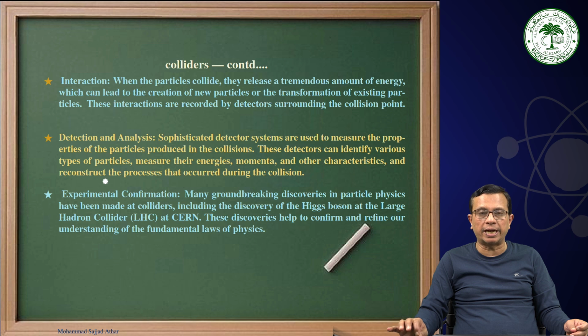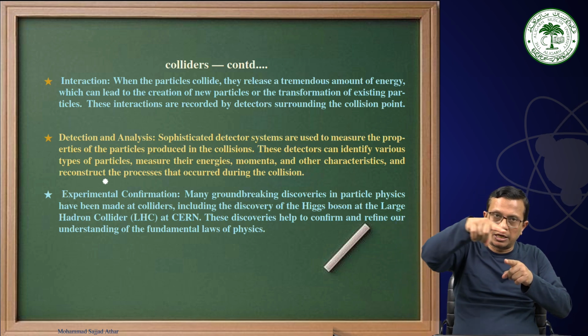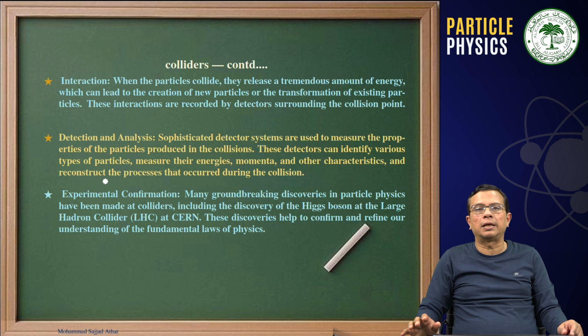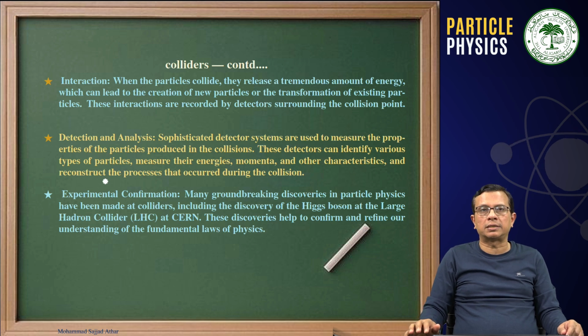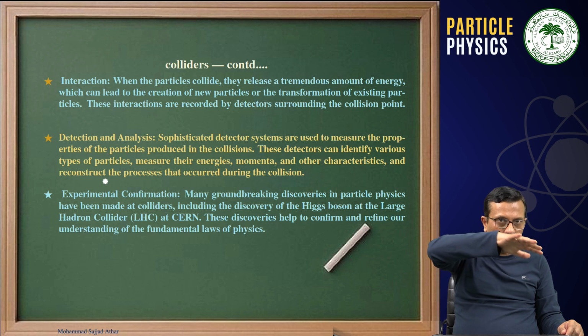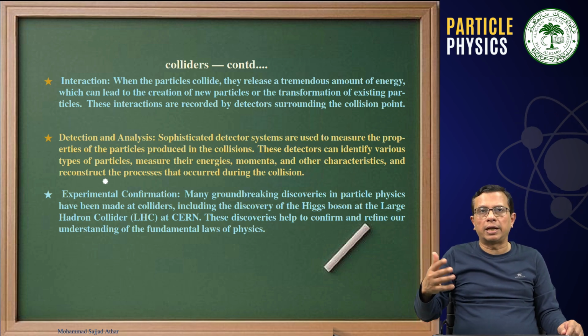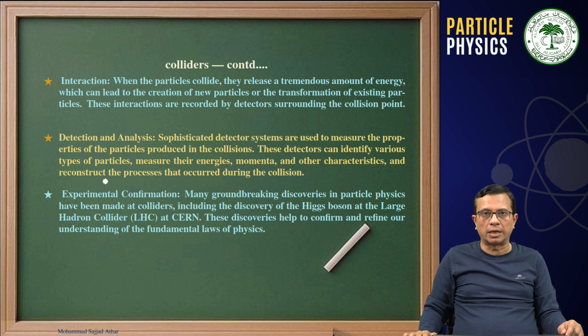These detectors can identify various types of particles, measure their energies, momenta, and other characteristics, and reconstruct the processes that occur during the collisions. That means if the particle is passing through, from the length of the path you can tell us about its momentum, or if you are placing it in a magnetic field, depending upon its curvature, you can tell us many more things.